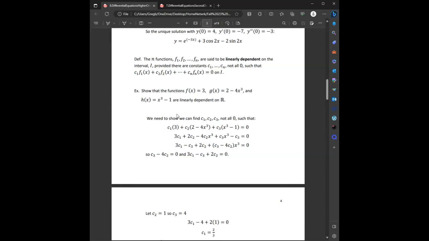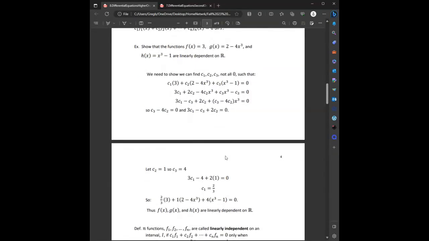And if you remember from basic algebra, if you have a bunch of constants that relate to a certain variable, you can set those equal to whatever's on the right side of the equation. And so that's what happens here with the C3 minus 4C2, and then the 3C1 minus C3 plus 2C2. And then you could make another system of equations, but there's one missing variable. So basically, we're going to have to make one of these 2 equations equal 0.